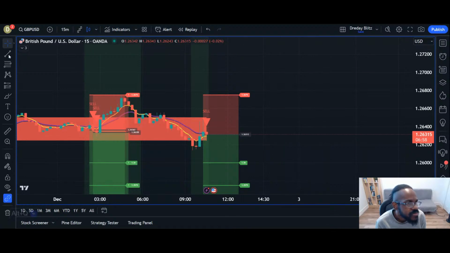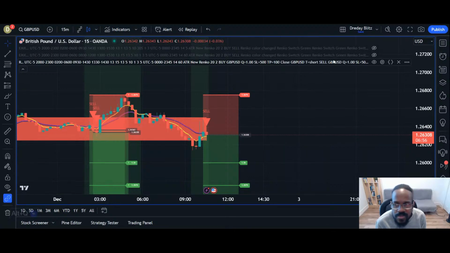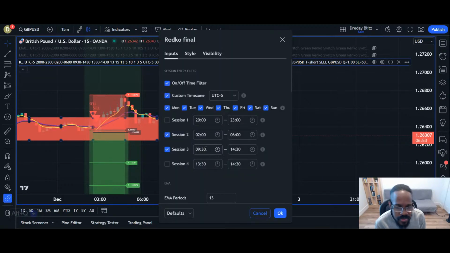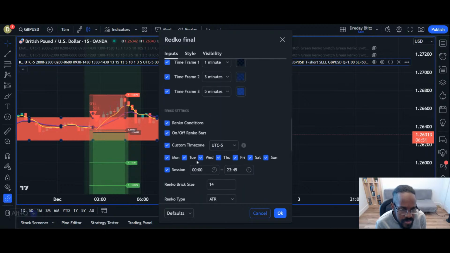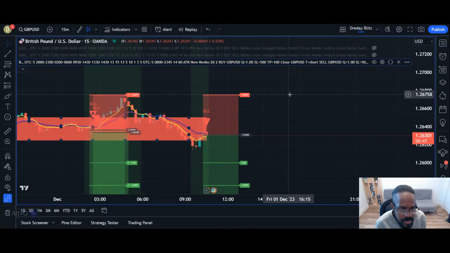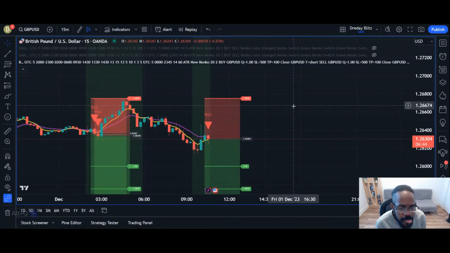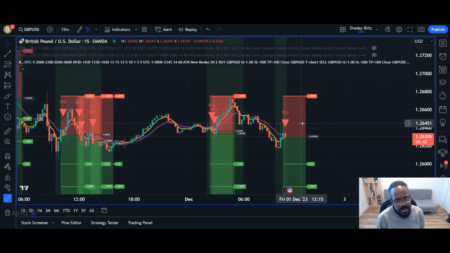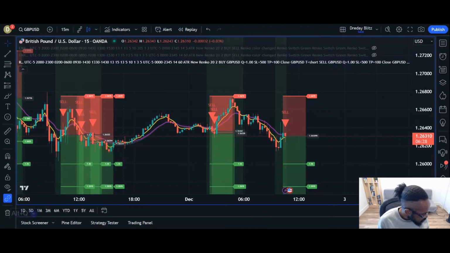Let's see if it's going to continue down. But at this point, I would close out any trades here. The New York session is almost done.